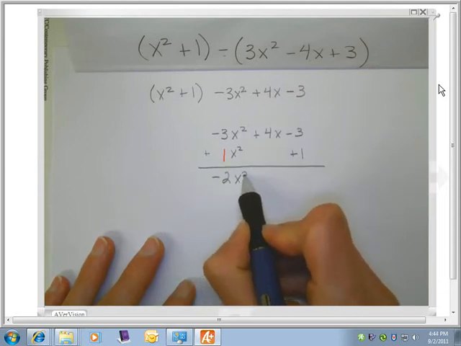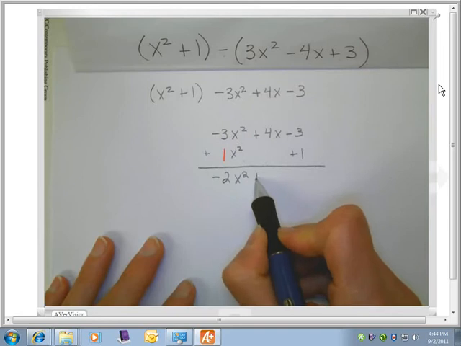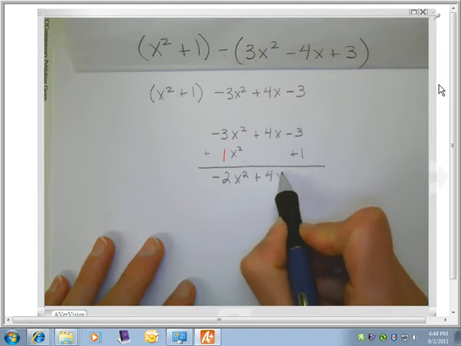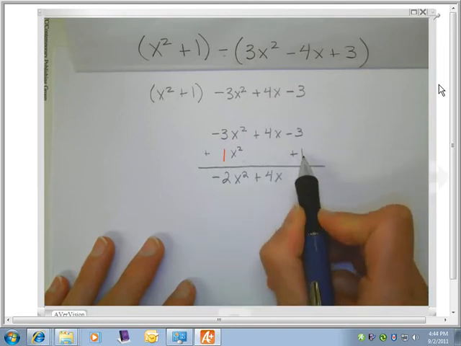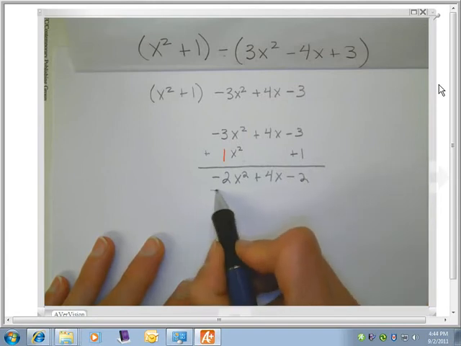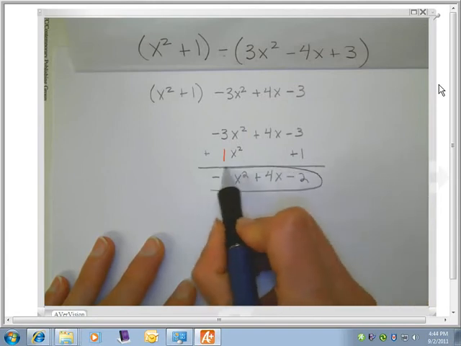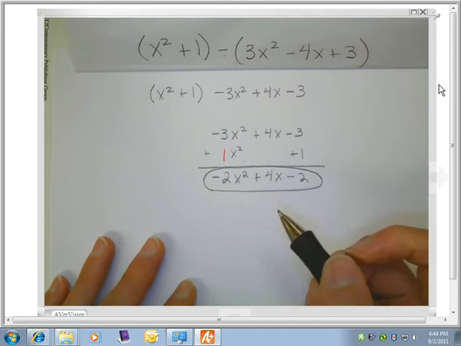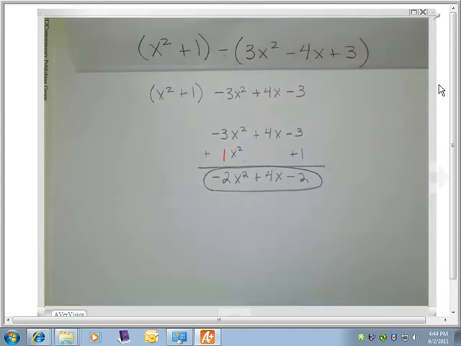Nothing's joining with our 4x. And negative 3 and 1 is negative 2. So that's our answer. That was the same answer that we had on our other piece of paper with the manipulatives.